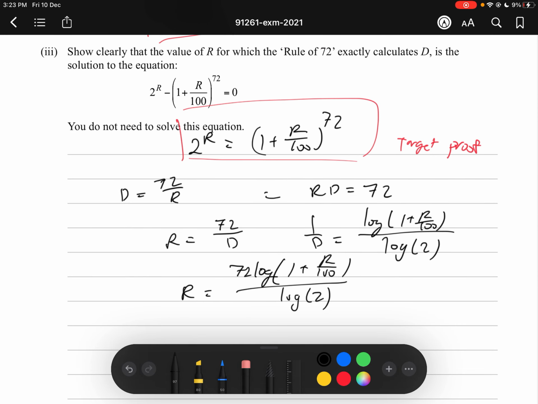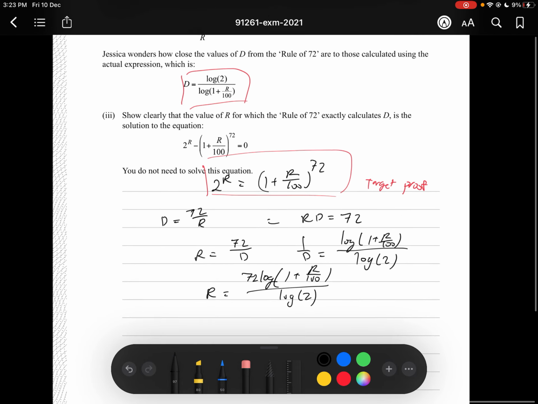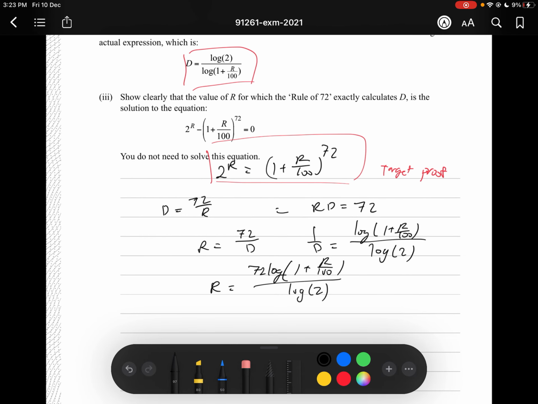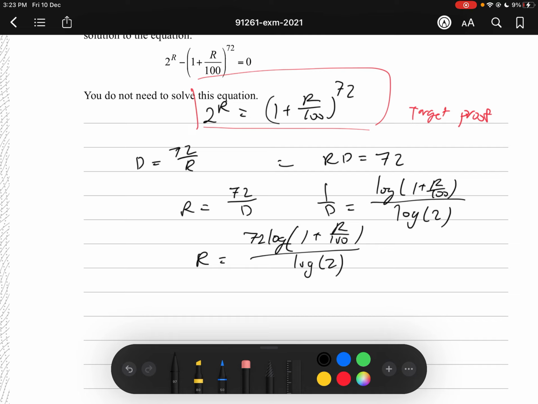Alright, so we want to somehow prove that 2 to the power of R equals 1 plus R over 100 to the power of 72. And right now we have R equals 72 log of 1 plus R over 100 over log 2. If we look at our target equation, we can manipulate it slightly more. We can take the log of both sides again. We have R log of 2.